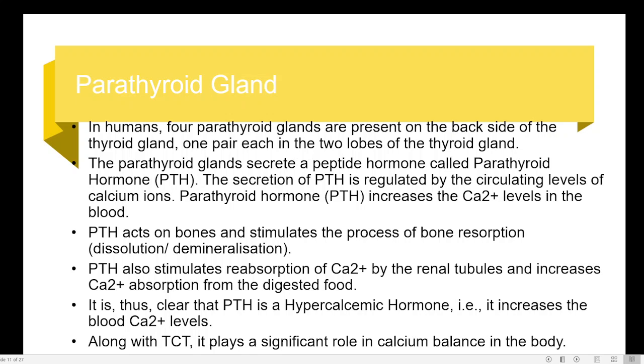Bone may undergo demineralization or dissolution, resulting in an increased level of calcium ions in your blood. That is why PTH has an important role in increasing the calcium level in your blood. So PTH secretion means the calcium level increases. That is how the relationship works.